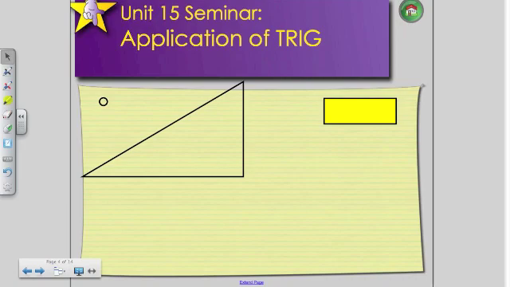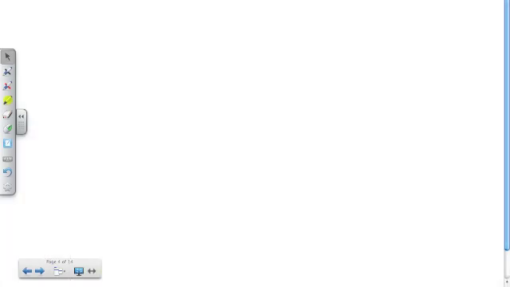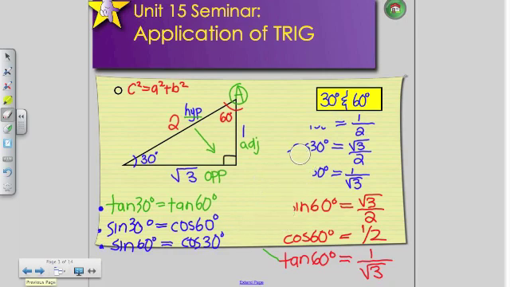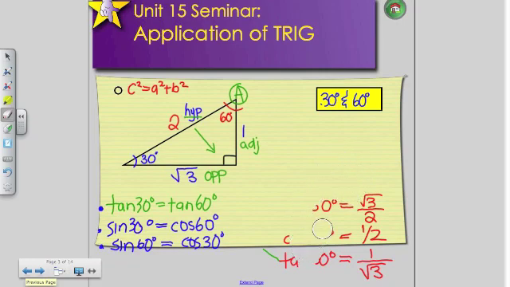So for example, I don't want to do this triangle yet, so let's erase these ratios. Now, for your assignment, it's very important. You notice that these are all whole numbers. Sometimes you have radicals, sometimes you have fractions.